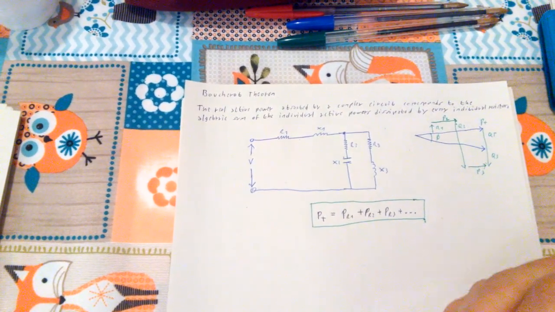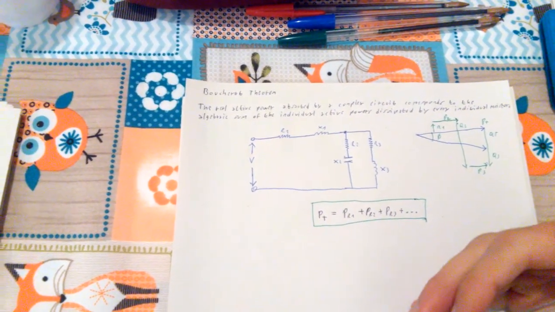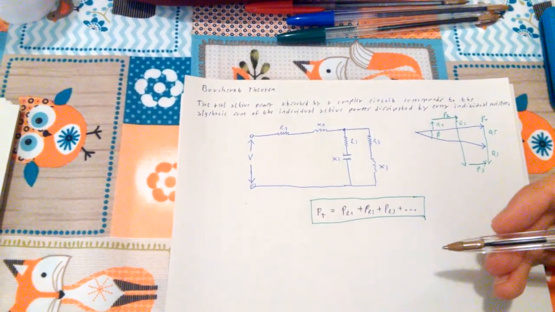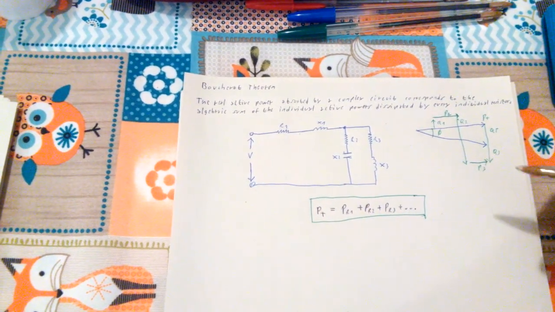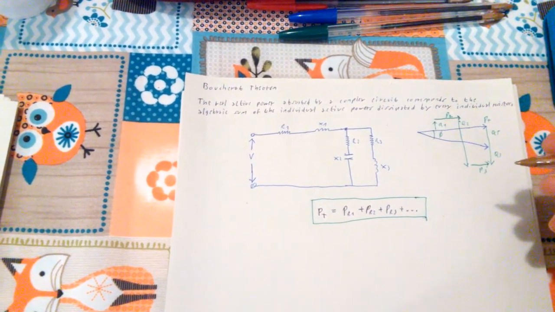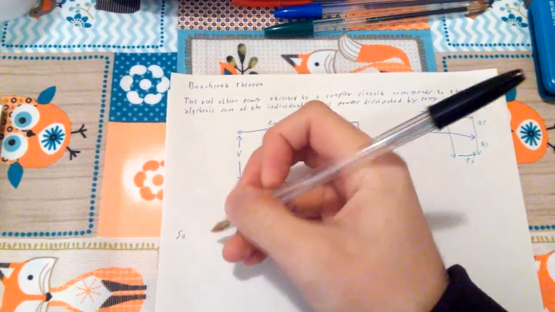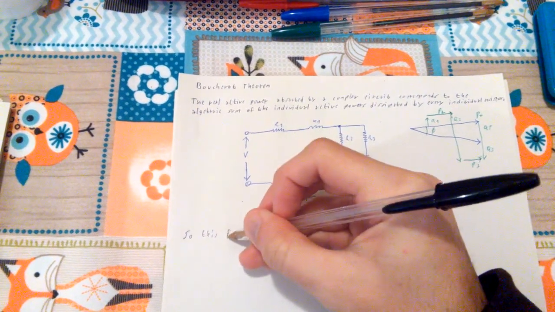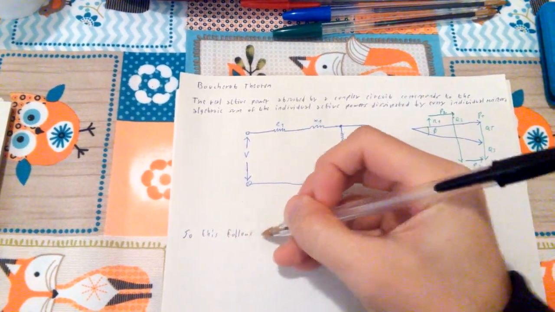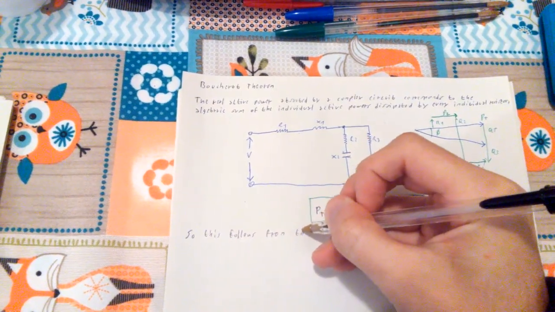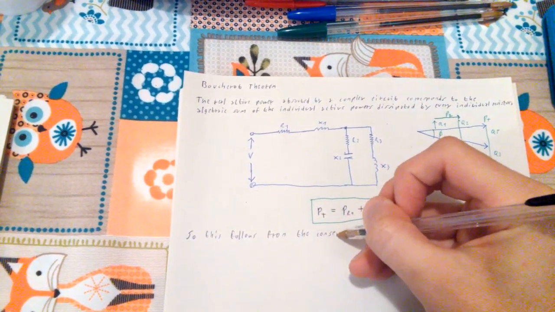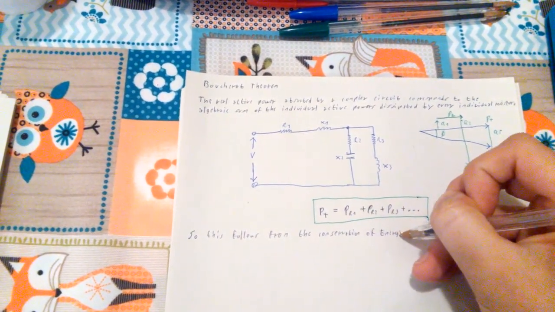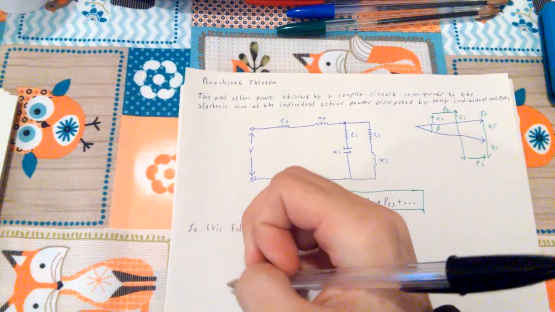So the total reactive power is basically the algebraic sum of the single reactive powers that come into play in each inductor and capacitor. This follows from the conservation of energy.